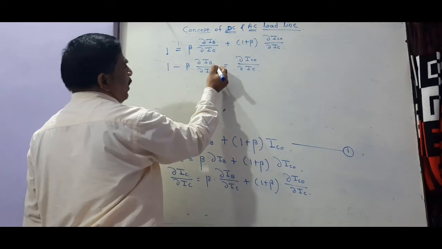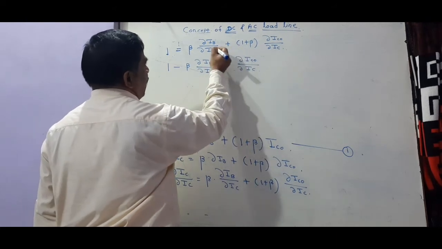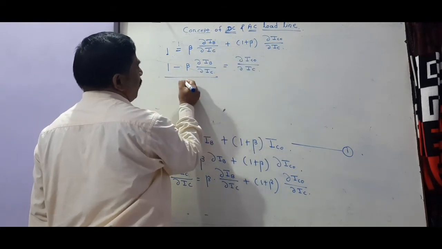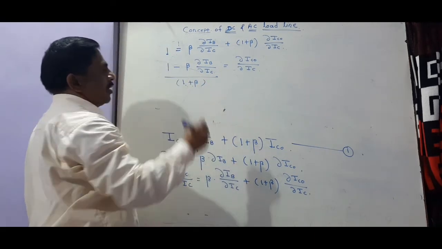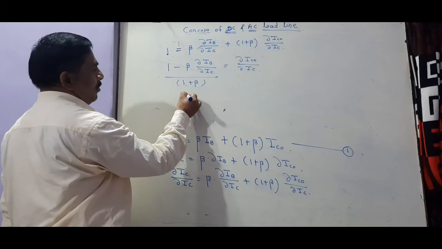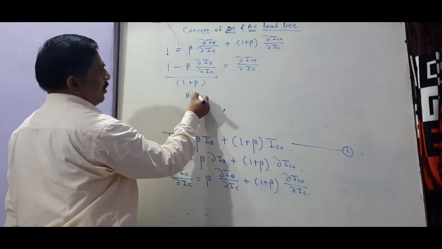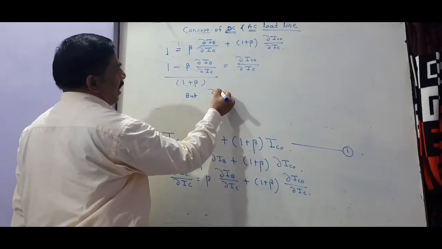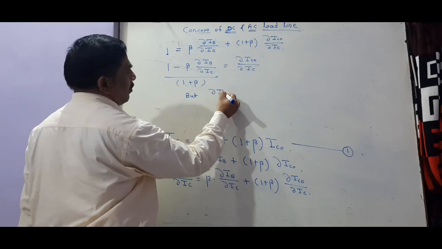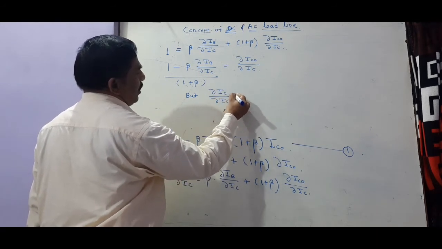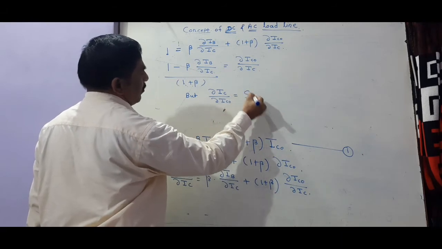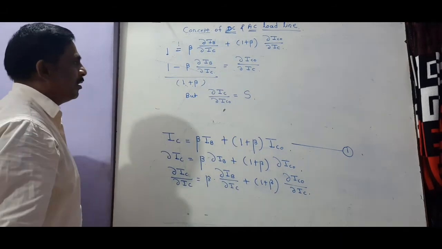But delta IC upon delta IC0 is equal to S, the stability factor.